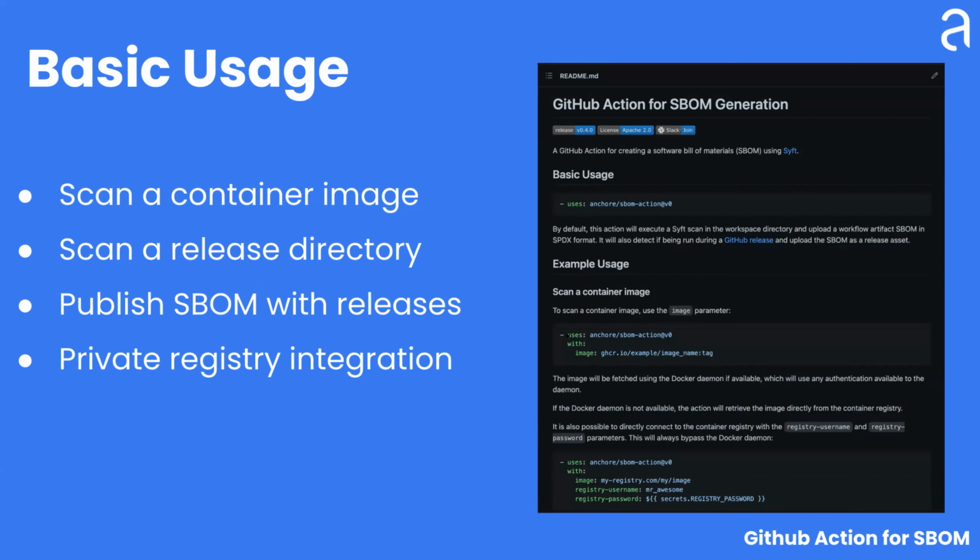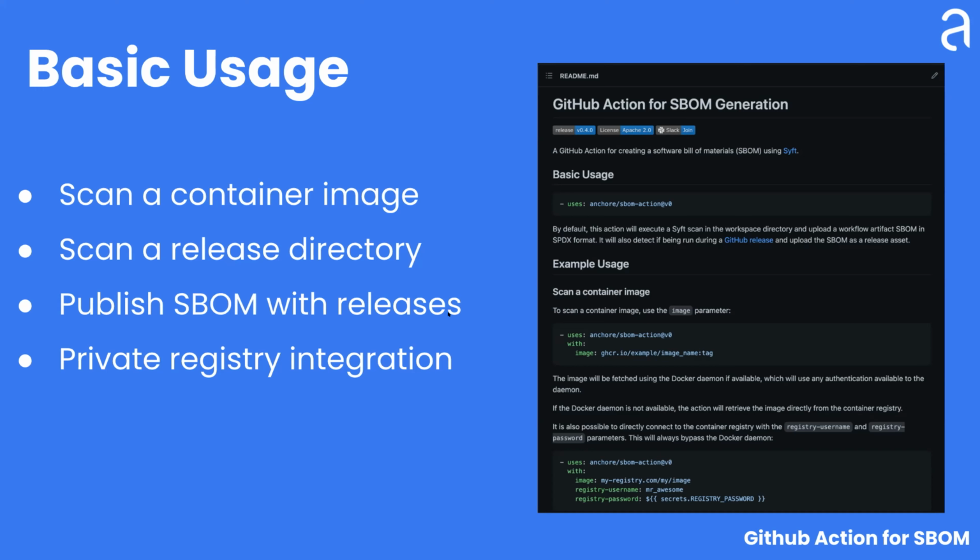You say, I want to use our new action. I want to do it with, in this case, an image, but that can also be supplanted with dir or with package; there are a couple of different field names that allow you to select what you want to scan. So it is 3 lines in an actions file.